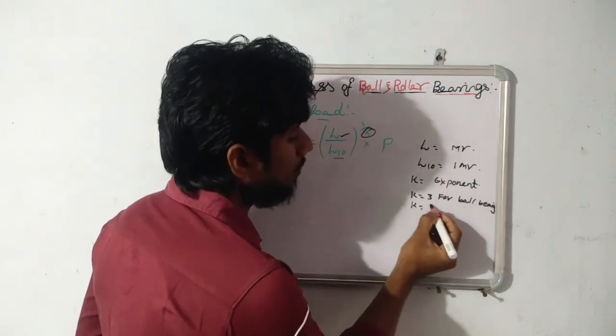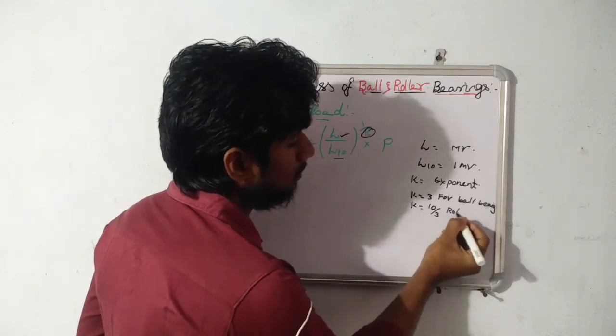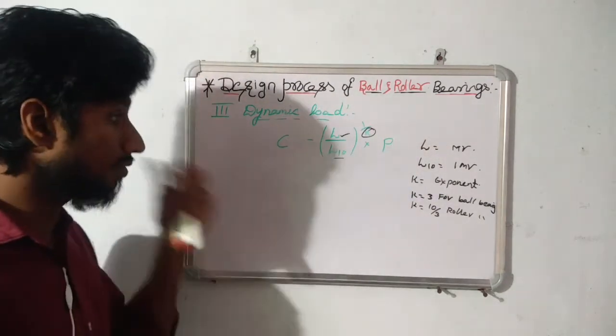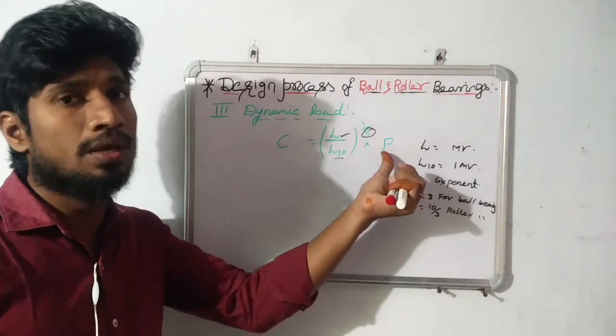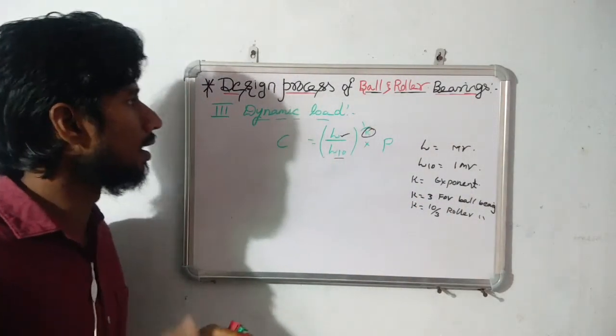In case of roller bearings, we consider the value 10 by 3. So this is about the consideration of exponent value, and here we already know what is the P. It is the equivalent load. So this is about the third step.